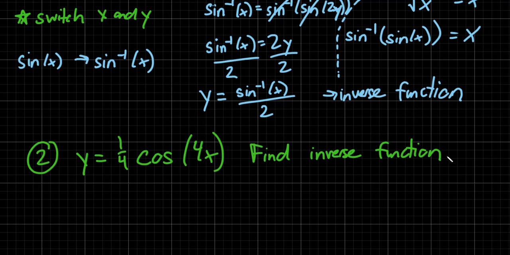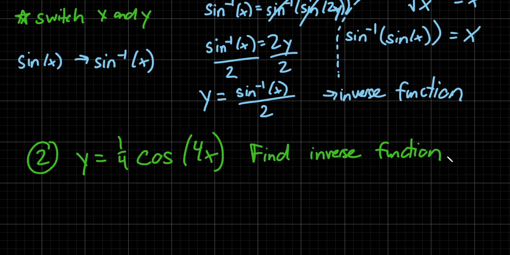I got just. What'd you get? And you multiply by 4 on both sides. So I got 4 inverse cosine x. I got inverse of cosine of x equals y, or y equals x.